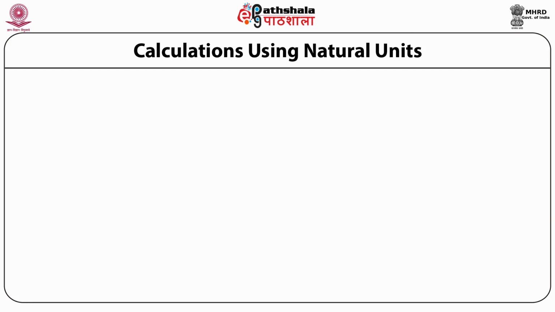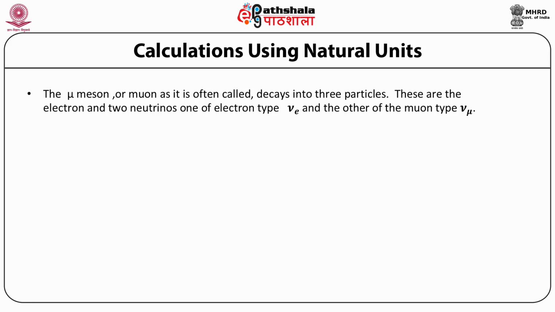This is called the lifetime of the excited state 2p, and you can see it is of the order of 10 raised to the power minus 9 seconds. Calculations using natural units. The mu meson, or muon as it is often called, decays into 3 particles. These are the electron and 2 neutrinos, one of electron type nu e and the other of muon type nu mu.